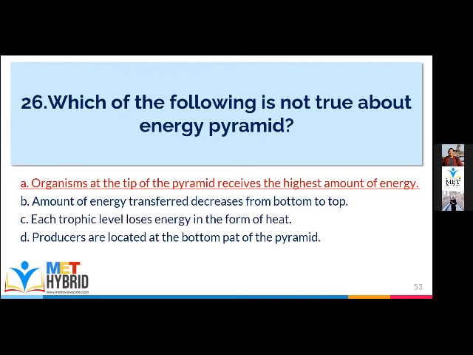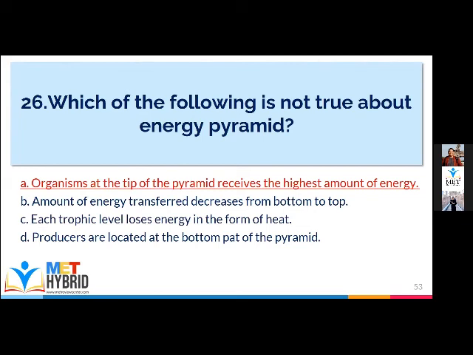At the basal portion of your food pyramid, you have the producers, and they are getting their food because of the presence of sunlight. They have the most abundant energy because they are the ones converting inorganic energy into organic forms, in the form of glucose or carbohydrate.